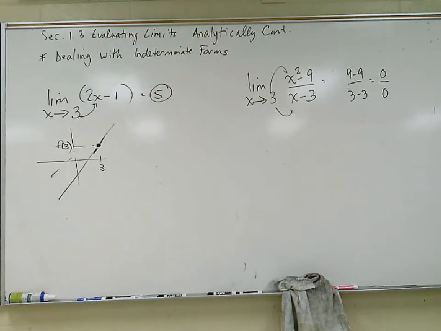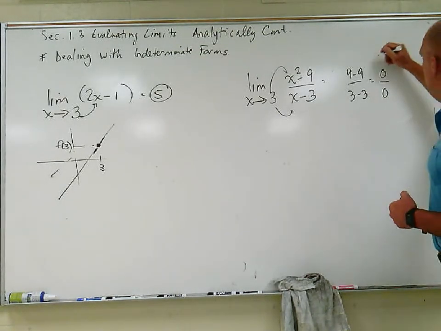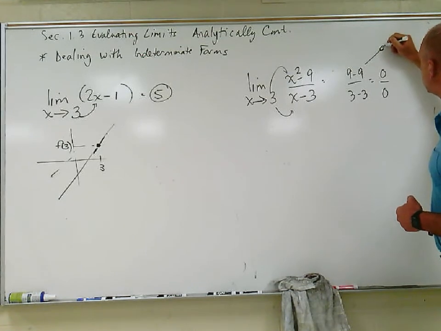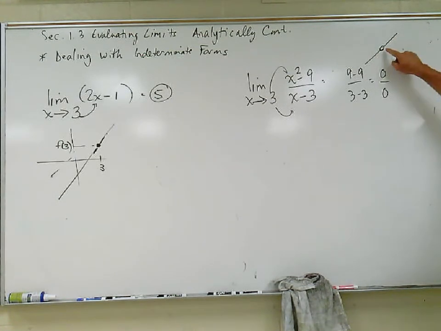Numerically, when you get the answer 0 over 0, what that typically represents is a hole right where you're trying to get your calculation, but typically there's graph on both sides. So the limit should exist, but I can't cheat and go to the point because there's no point there.